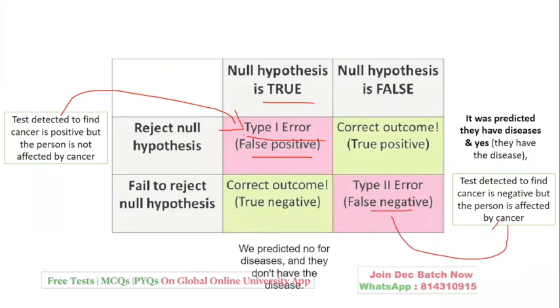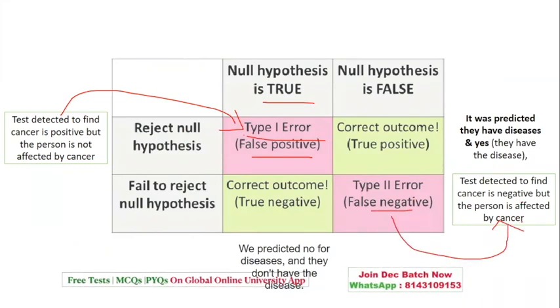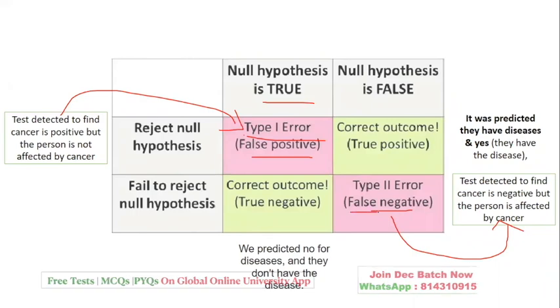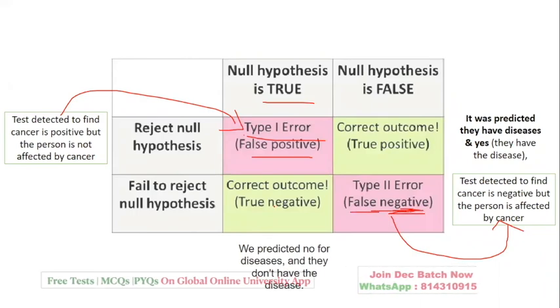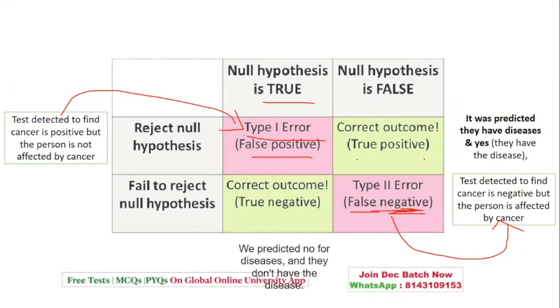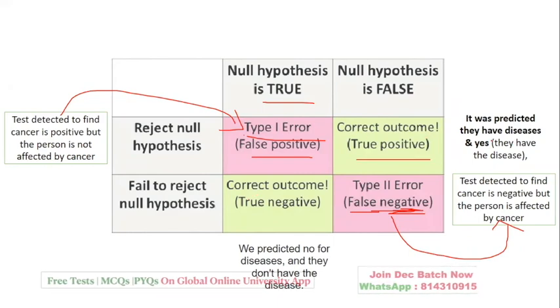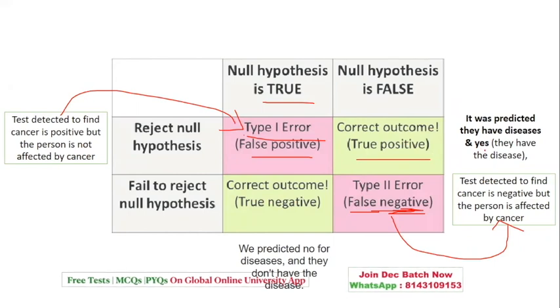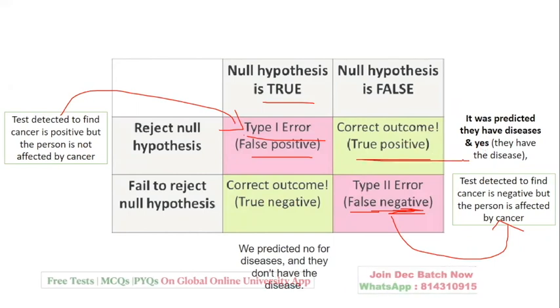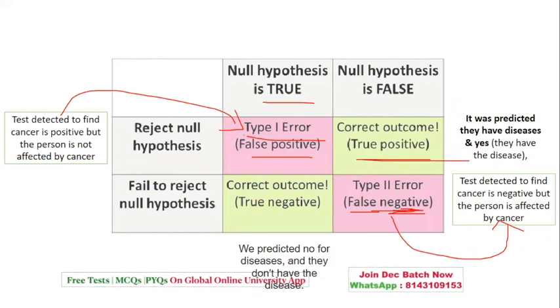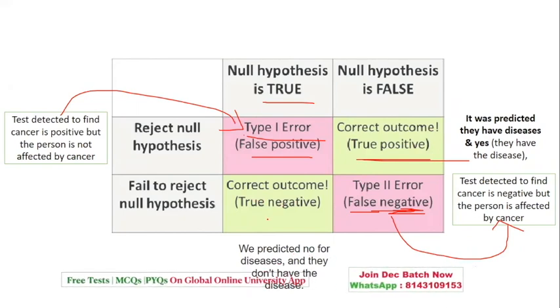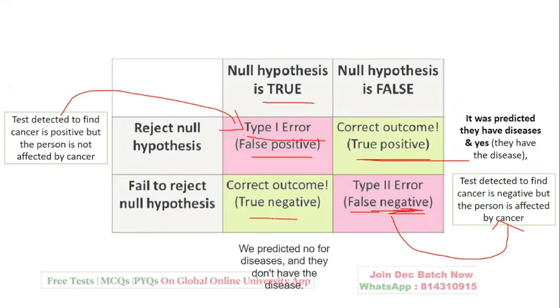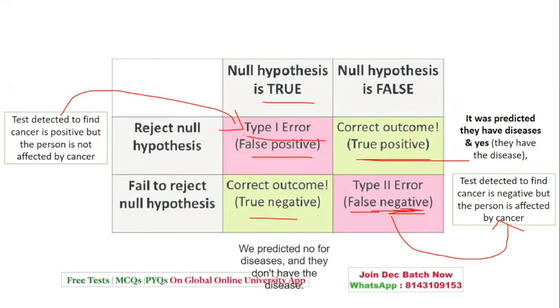The test to find out cancer is negative, but the person is affected by cancer. So it is false, and the test is negative. When it is a true positive, it was predicted that they have the disease, and yes, they have it. So it is true and it is positive. True negative, we predicted no disease, and they do not have the disease. So yes, they predicted and they do not have. That is a true negative.